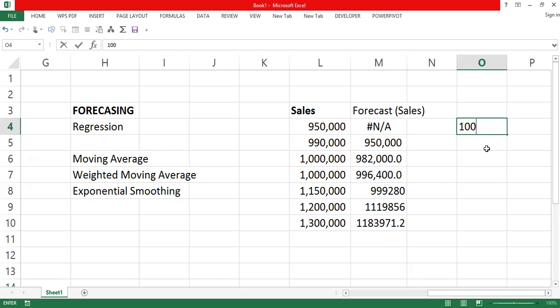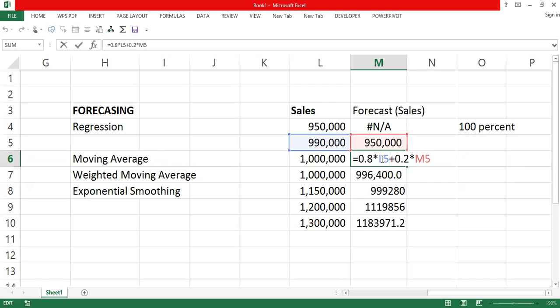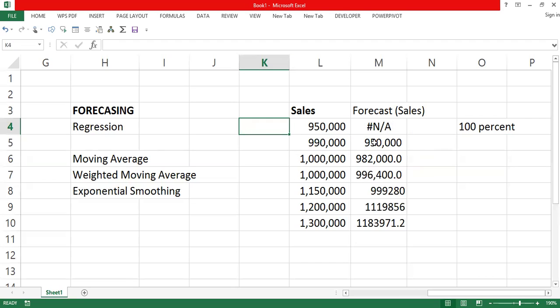So you have to split that 100%, or 1, into two parts. You apply one part to the actual and the other part to the forecast of the previous period.